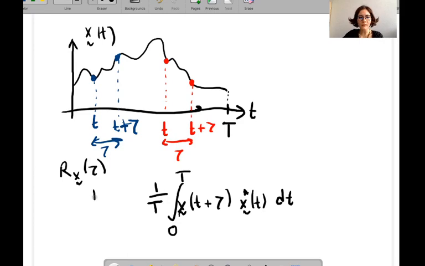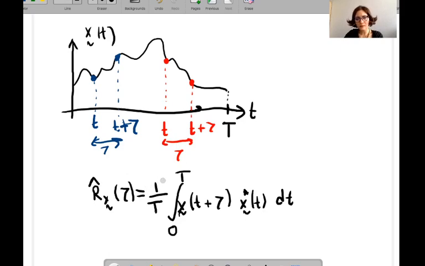So we will be calling this Rx of, I'll just erase this first one. So this thing is going to be an estimate of our autocorrelation function. So since it's an estimate, I put a hat sign.